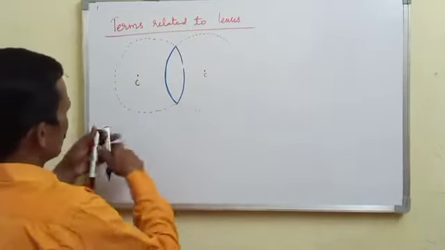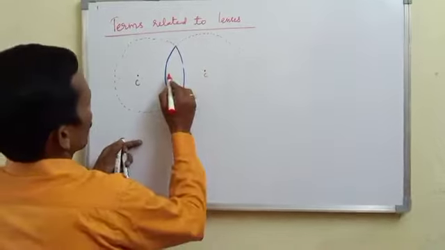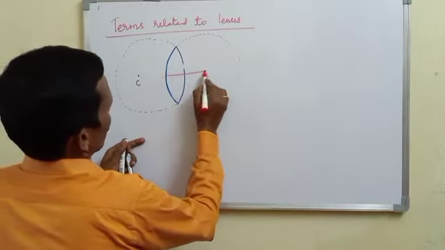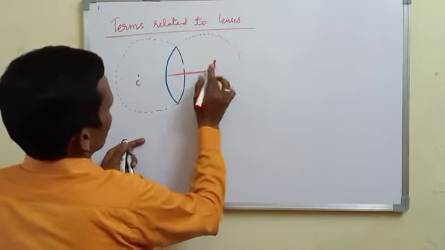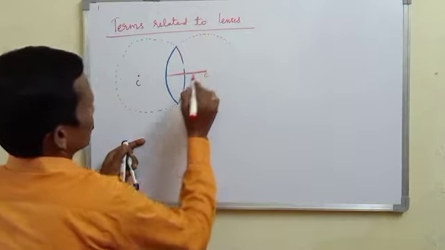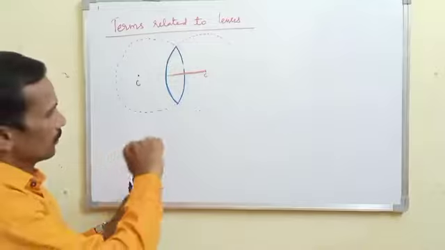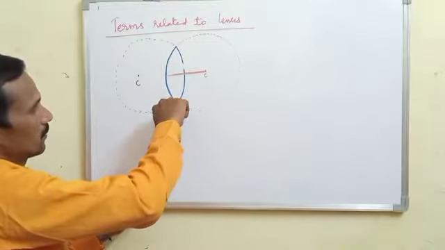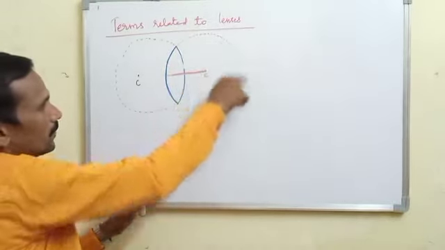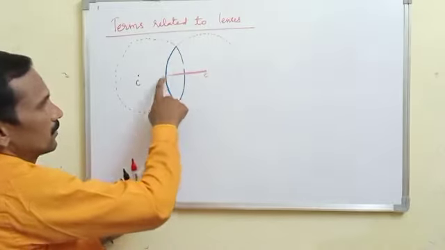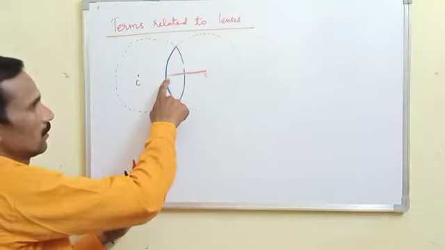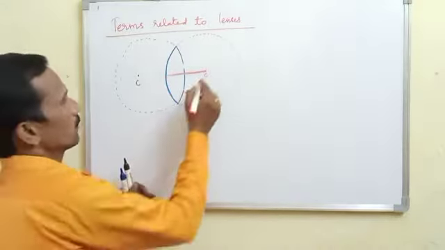So this is a radius here. For the convex lens, it is the first curved surface. The center of the sphere is the center of curvature for this curve, so it is denoted with C1.